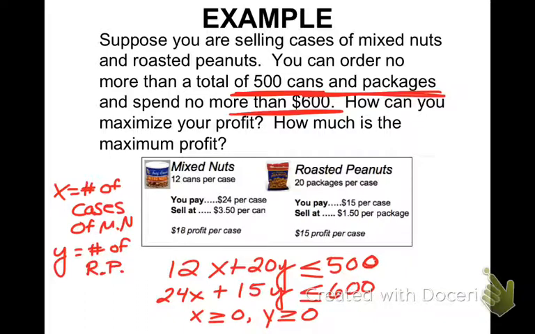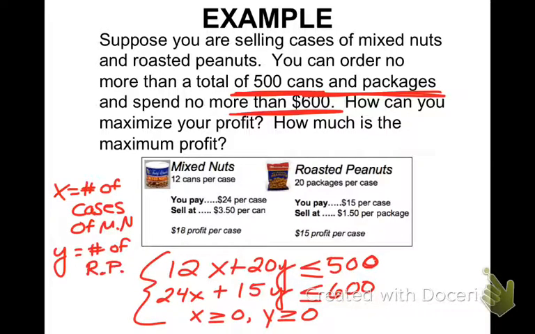And if we do, we're selling at 1.50, so 1.50 times 20 minus 15. Yeah, those are right. $15 per case. The profits are right, because you subtract the amount you paid initially. Right. Okay. All right, so these are my constraints right here.